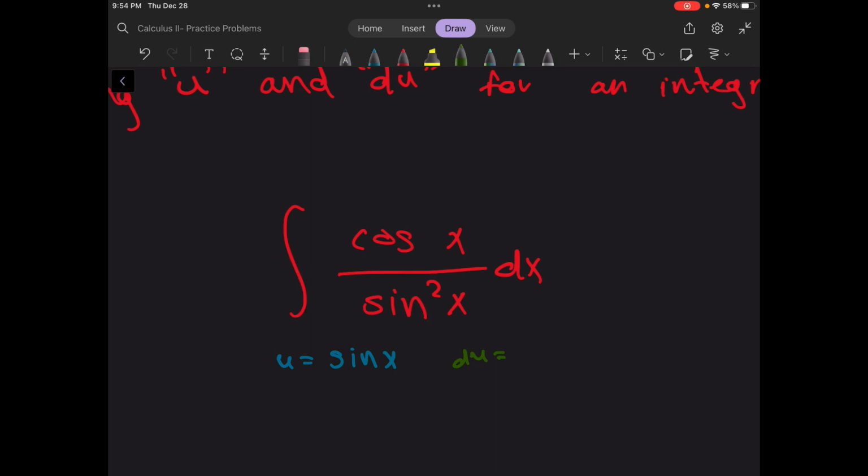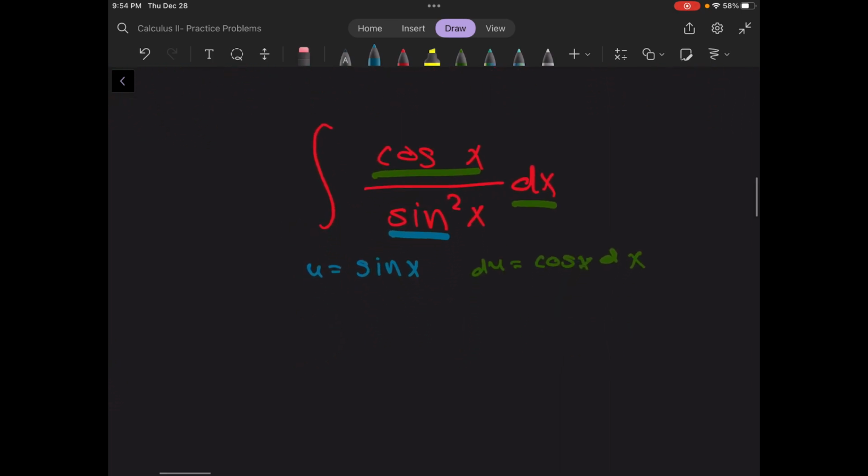And of course the derivative of sine x is cosine x. And that pretty much took care of the entire integral because we have all of du and we took care of the inside part for u. So now this rewrites to the integral of 1 du over our u squared.